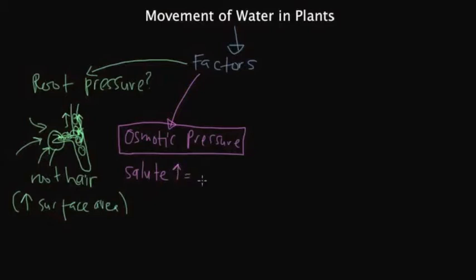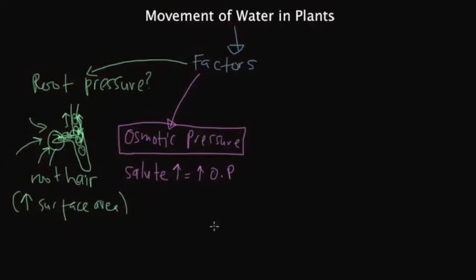So when you have a high content of solute in the cell, you also have high osmotic pressure, or you can also say it the other way around. High osmotic pressure is caused by a high content of solute in the cell. If you work on this concept, you will not get confused later on. That's all.